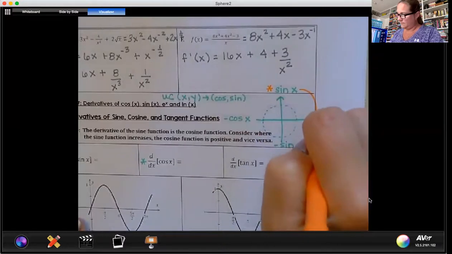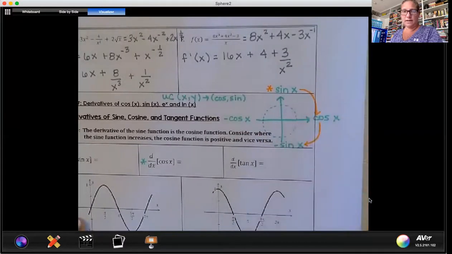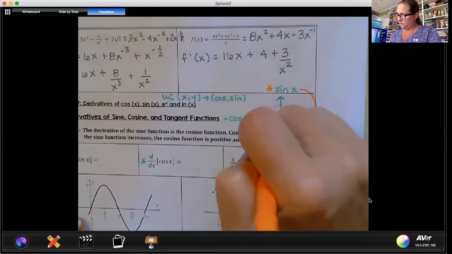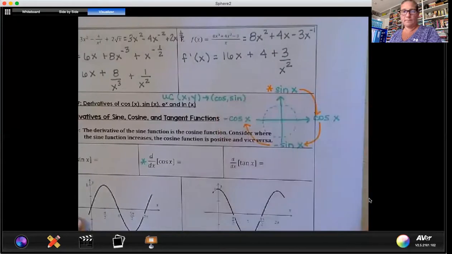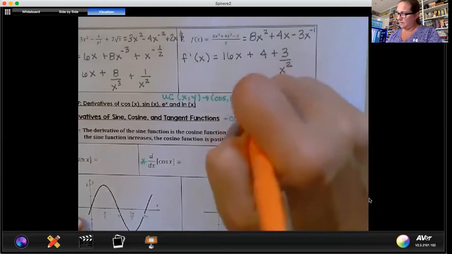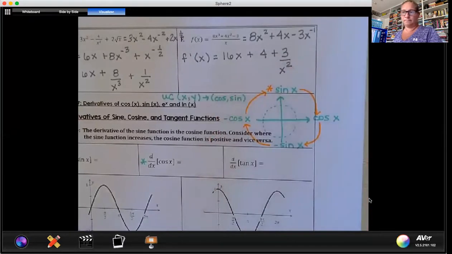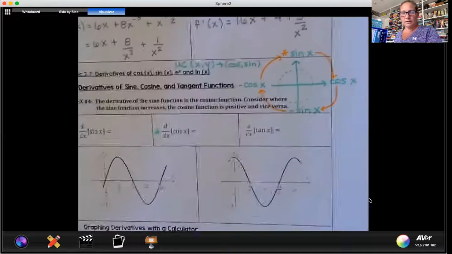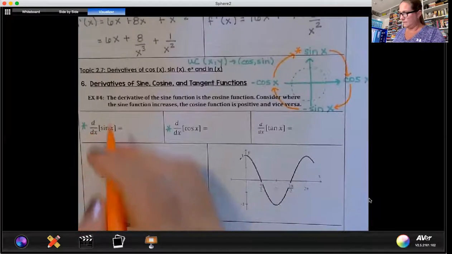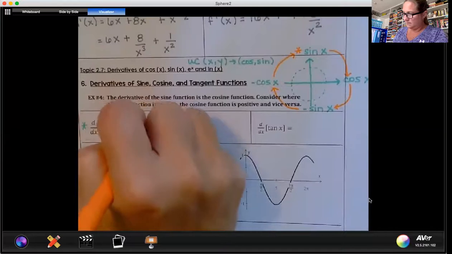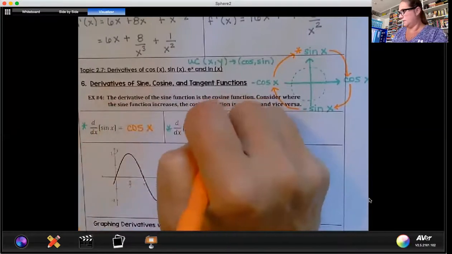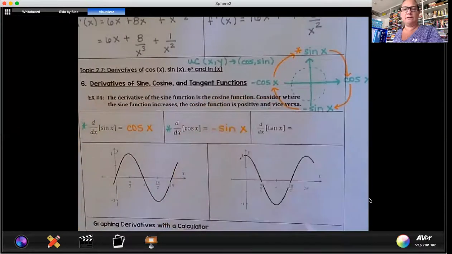The derivative of cosine is negative sine. The derivative of negative sine is negative cosine. The derivative of negative cosine is positive sine. So the derivative of sine is cosine, and the derivative of cosine is negative sine. Formulas you need to make sure that you remember.